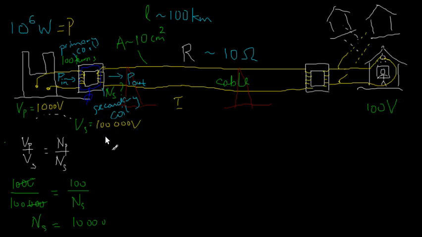Now that we know the output voltage, we can actually find the output current by using the power formula, P equals VI. But suppose that I'm just given the current and the turns ratio, and I want to find the output current.